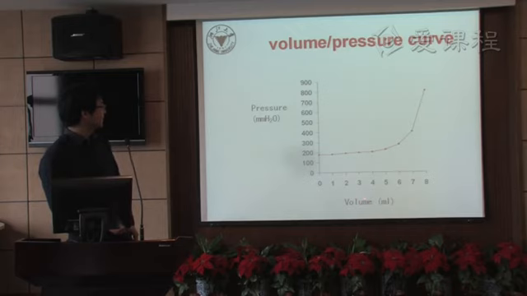However, if the volume increases more than 6 milliliters, like 7 or 8 milliliters, the intracranial pressure will increase very obviously. So this is a classic curve representing the relationship between intracranial volume and intracranial pressure. This is the volume-pressure curve.